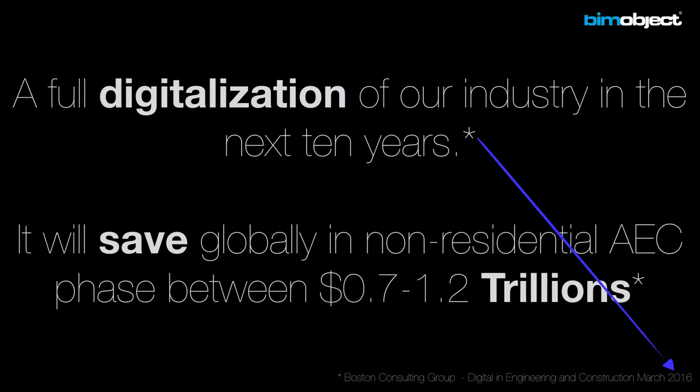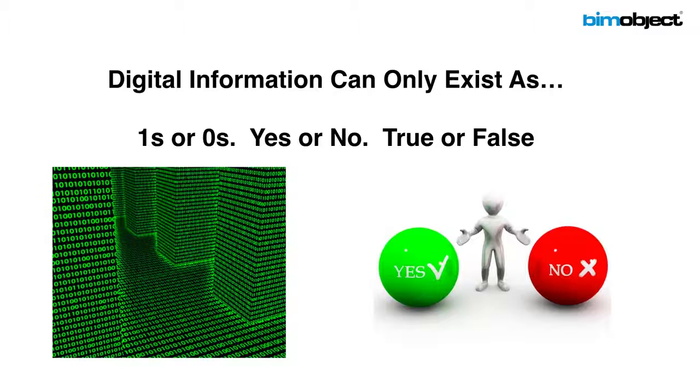Save waste. There are so many factors that come into play here that we have to completely re-engineer and replace the processes. The thing about digital replicas, your content or building product manufacturer's content, is that a real digital replica can only exist as ones or zeros, yes or no, true or false.